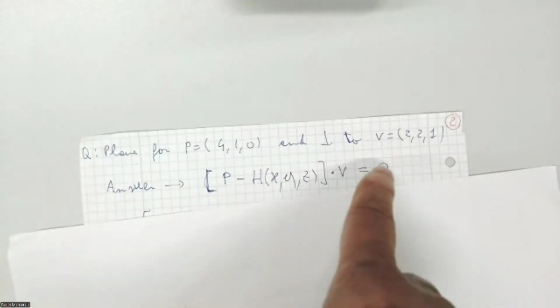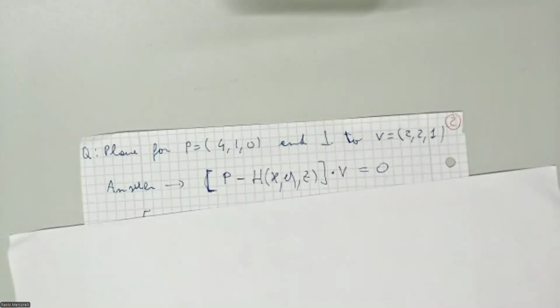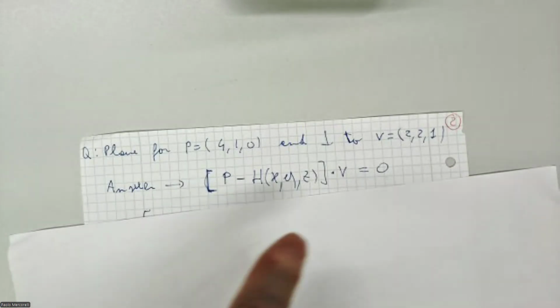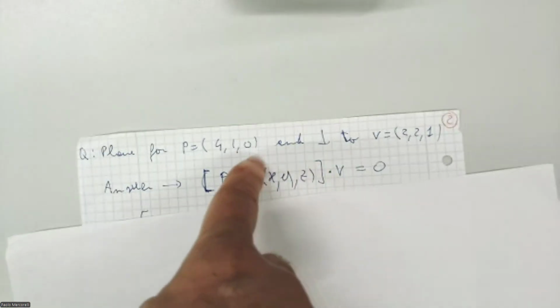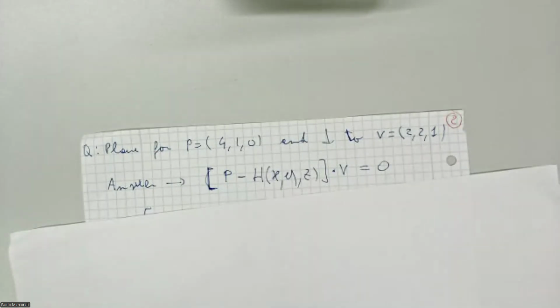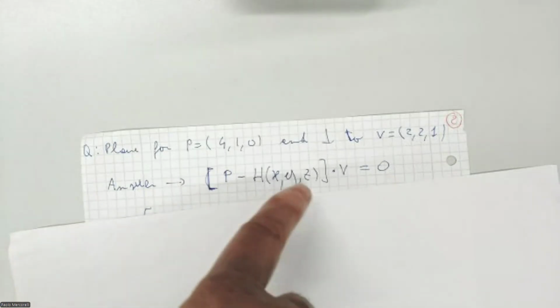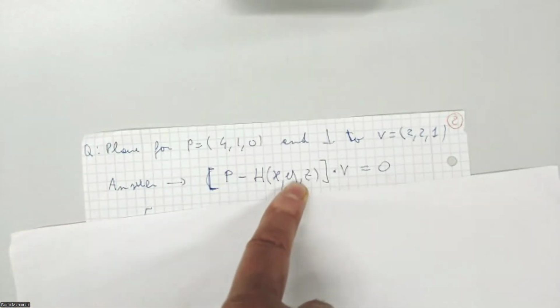Why that? Equal 0 is related to the scalar product. Remember the dot product, to be precise. The orthogonality is defined in terms of the scalar dot product between what? V, which is given, explicitly we have three values, and what? In the plane, please pay attention to the words.